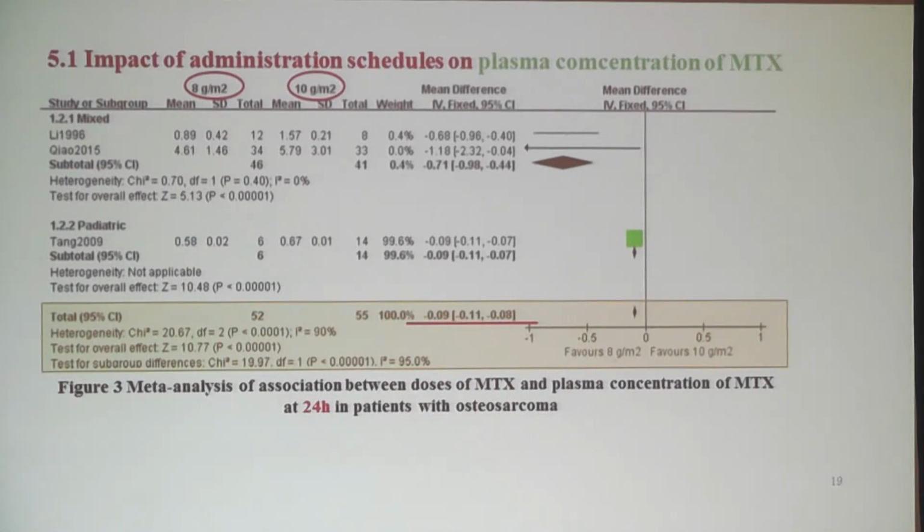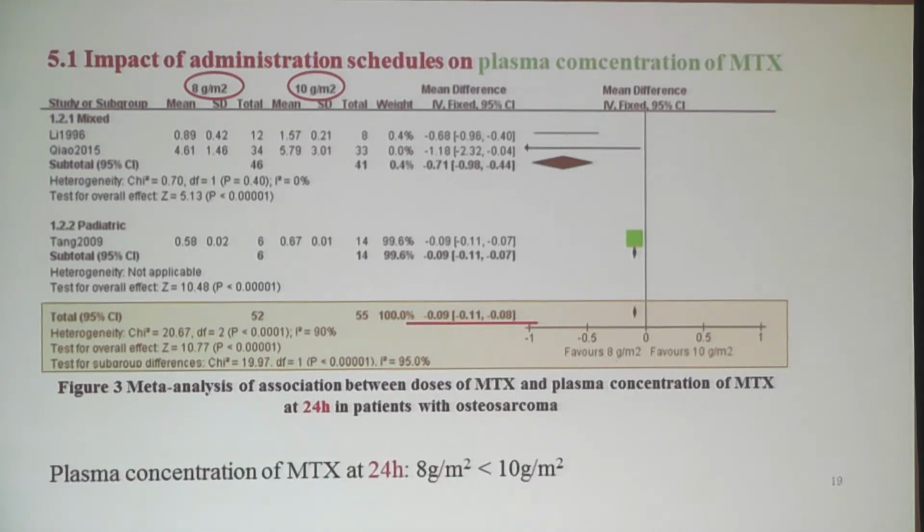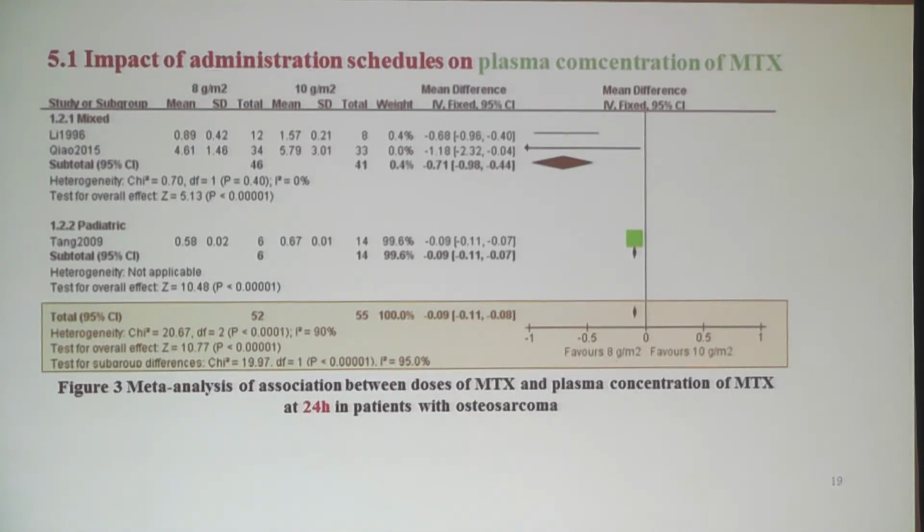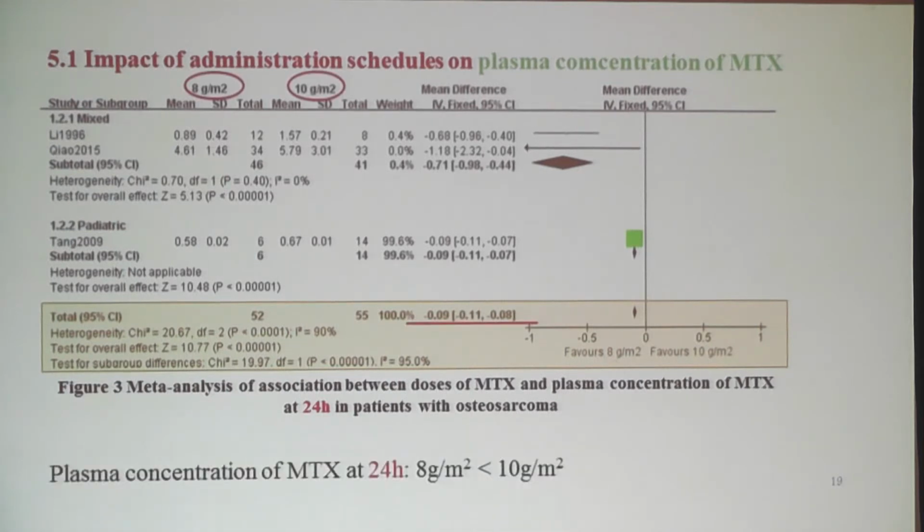And figure 3 shows that a dose of 8 was superior to 10 in lowering the plasma concentration at 24-hour post-HDMTX. And the inconsistency was similar to that in the last slide.